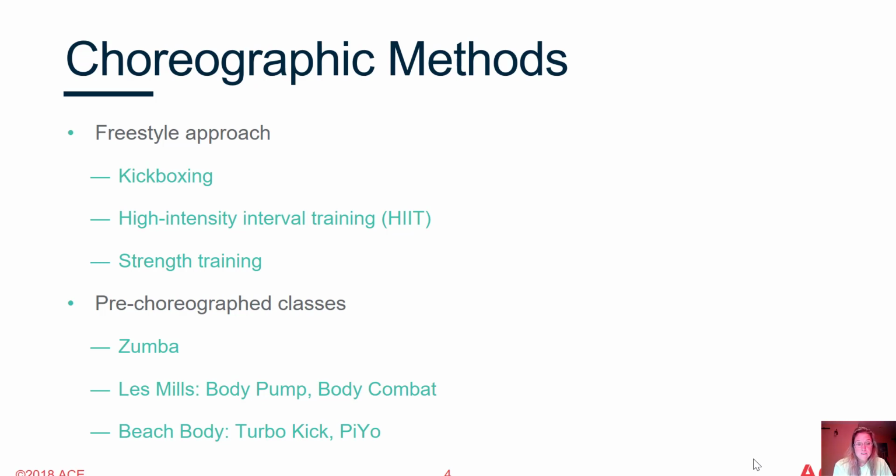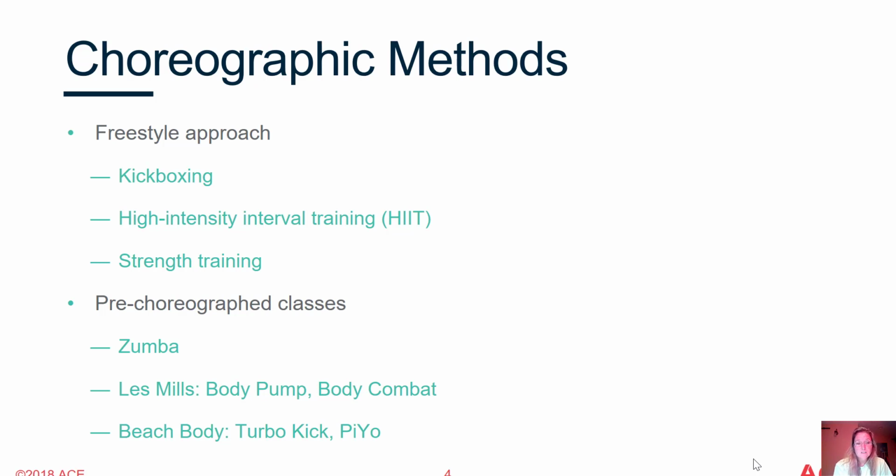Whereas pre-choreographed classes are things like Zumba, or Les Mills has a lot of different classes like Body Pump, where it's all pre-choreographed. They send you the choreography, they send you the playlist, and you basically just teach their choreography, and it remains the same for a certain period of time, and then they upgrade it and change it and send that out to you.